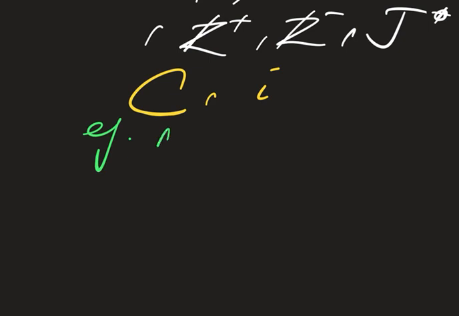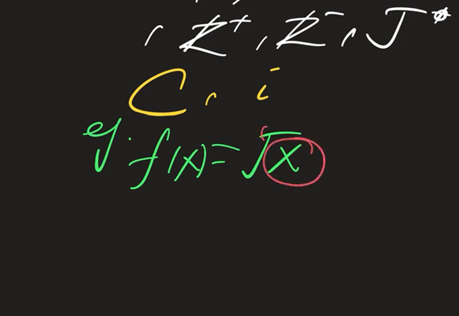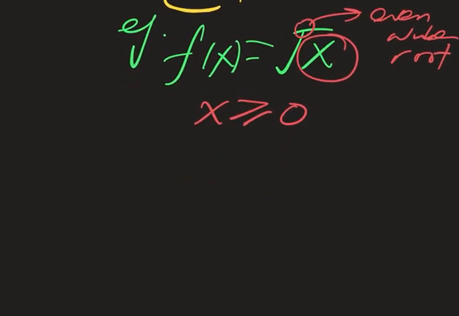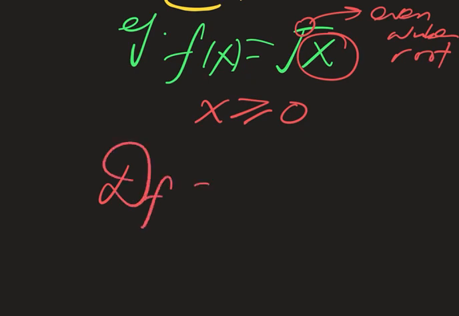Let's go to another example. f(x) equals square root of x. So we know that for an even number root, x has to be bigger than or equal to 0. So the domain of f is equal to 0 to infinity.